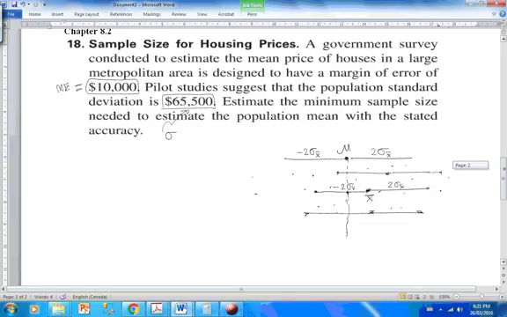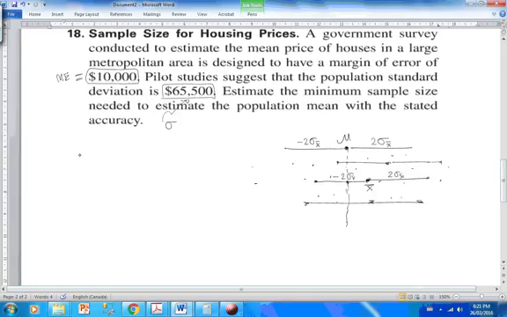So that being said, let's figure out the 95% confidence interval's margin of error. For a 95% confidence interval, we know now that the margin of error is equal to 2 sigma x bar.